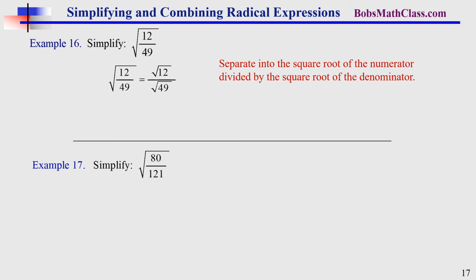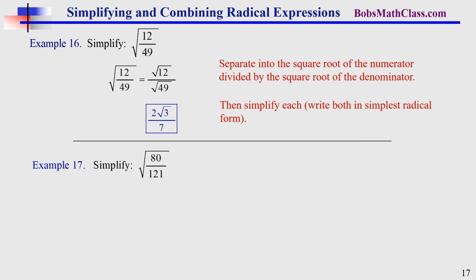There's a pair of 2's on top, so a 2 comes out. Or you can rewrite it as square root 4 times square root 3. Your choice. So the square root of 12 would be 2 square root 3, and the square root of 49, right, 7. So that's it. We're just working out the top, and then working out the bottom.